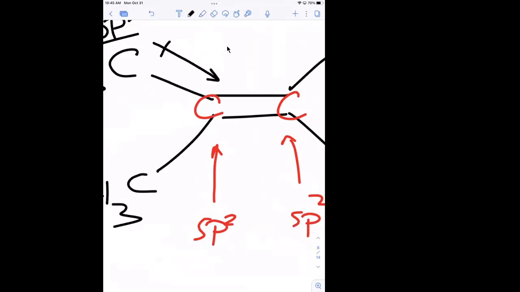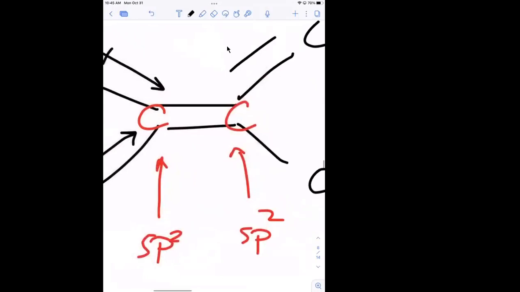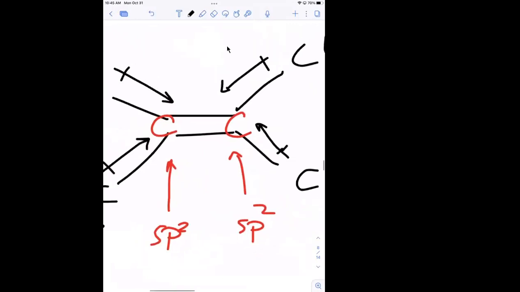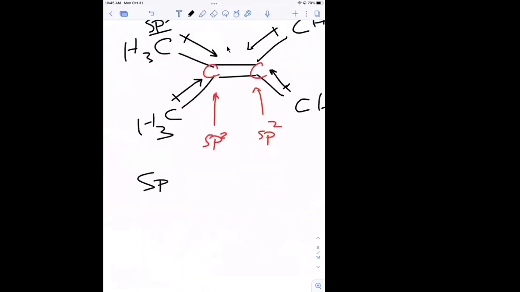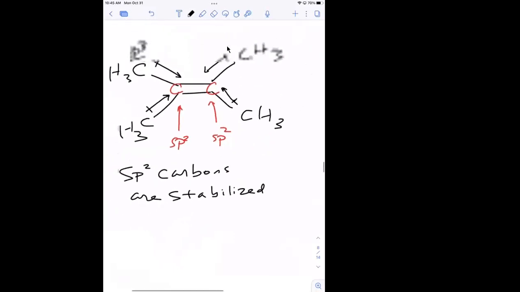The more carbon-carbon bonds you put around this, the more electrons are moving towards those sp2 carbons, and that stabilizes those atoms. So they want the electrons. This is going this way, like that, going this way, like that. So those sp2 carbons are stabilized when they're bound to electron-rich carbons, like that.